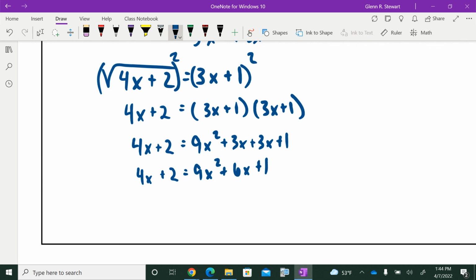Because I have an x squared and I have an x, this is different than any of the other problems that we've done. Most of the time, we usually just start moving things over. But because I have that x squared and that x, I actually have to set everything equal to 0 in this problem. So I'm going to go ahead and do that. I'm going to subtract 4x from both sides and 2.